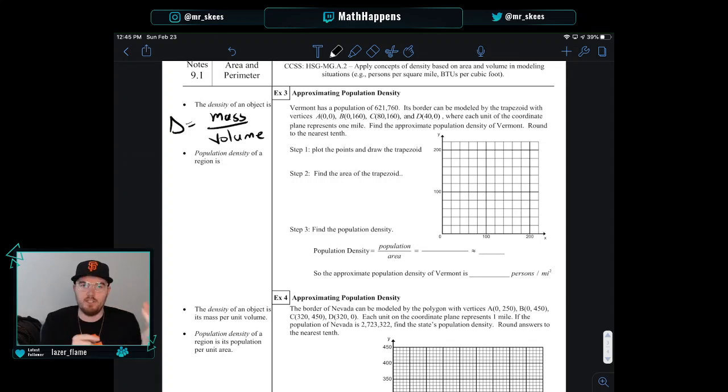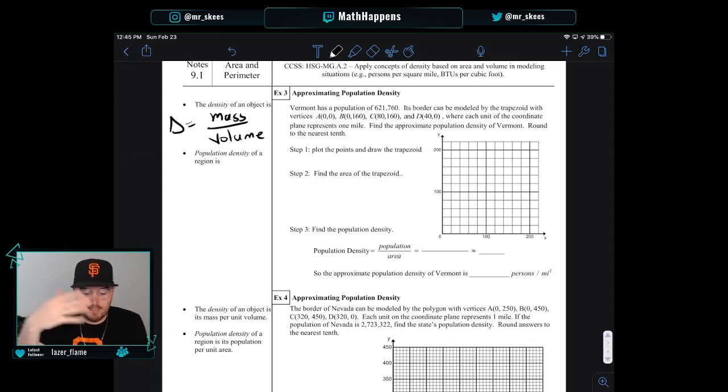A styrofoam ball is practically air. A softball is just a little bit lighter than a baseball, hence the name softball. And a shot put ball is why people struggle to throw them very far and it takes a certain technique, because it's got a lot more mass to it. So they're all the same volume, but they all have a different mass.